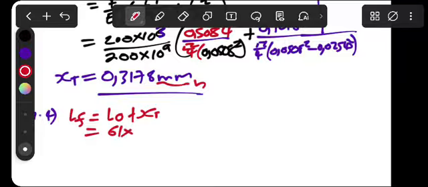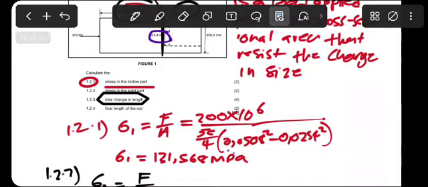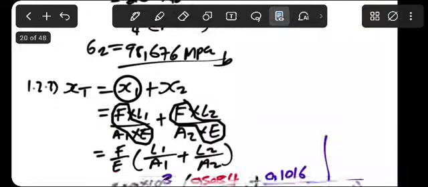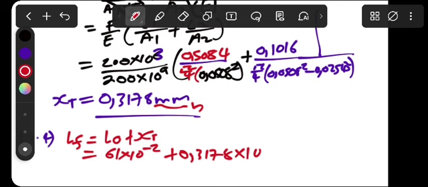I will multiply this by 10 to the power of minus 2. This will be in meter. Then I add this, converting the change in length to meter, times 10 to the power of minus 3, so that this must be in meter.